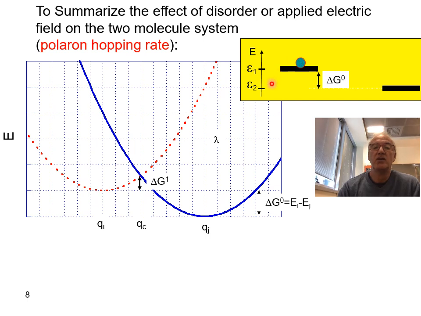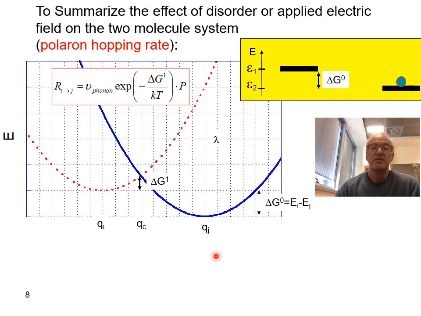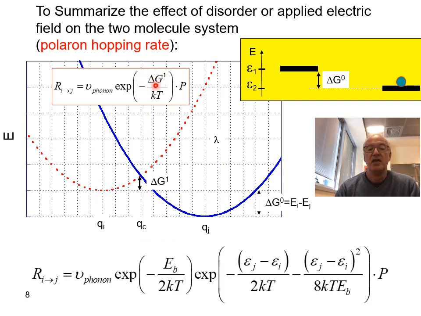And now we really need to write the hopping rate for this kind of reaction, if you like. And we know that just as before, we are going to write it in a very similar manner. We'll just replace the activation energy that we had before with this one, and we know the full expression for it.